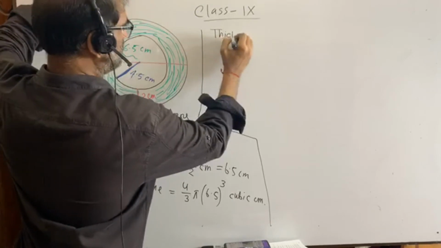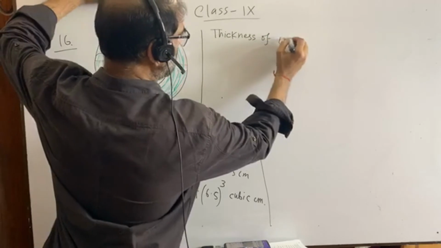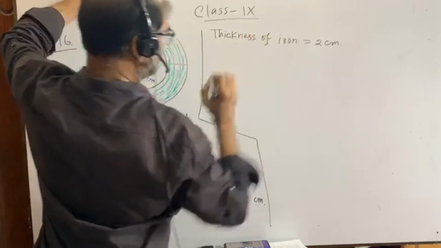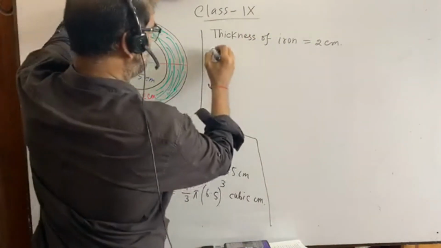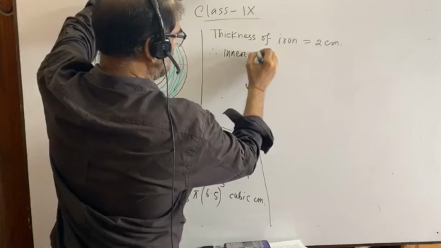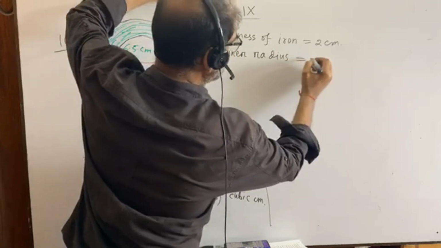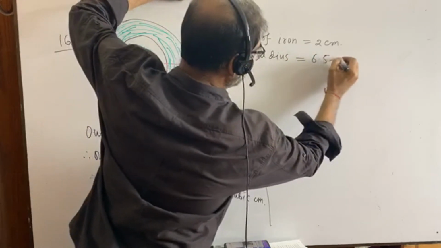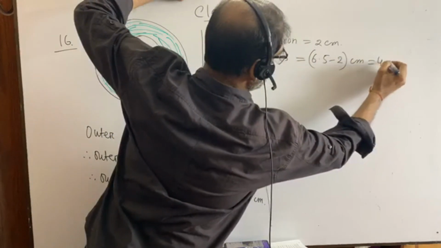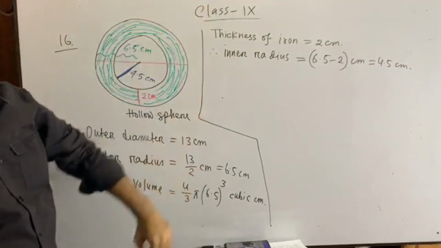Thickness of iron is equal to 2 centimeter. Therefore we can write down inner radius is equal to 6.5 minus 2 centimeter, that is 4.5 centimeter. This is the inner radius.